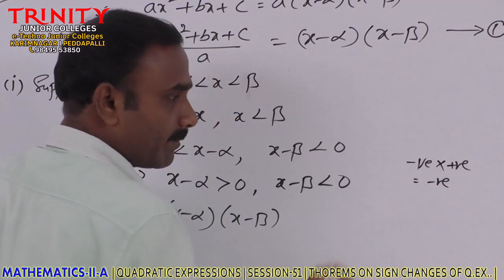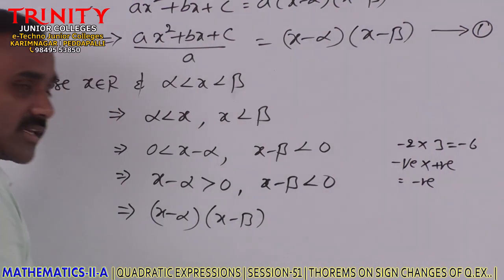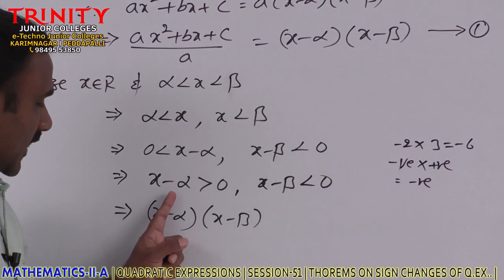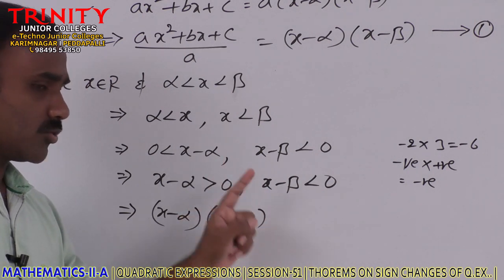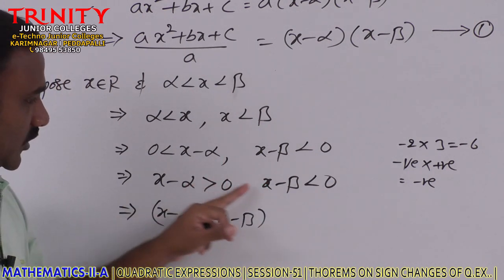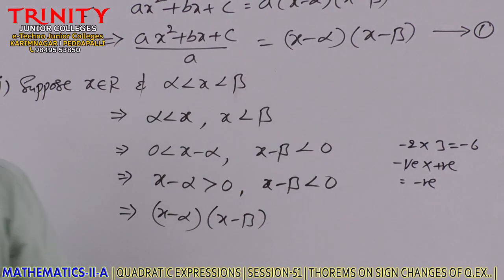Negative, like minus 2 into plus 3, its value is minus 6. Therefore, negative into positive is negative, positive into negative is also negative, negative into negative is positive, and positive into positive is also positive.